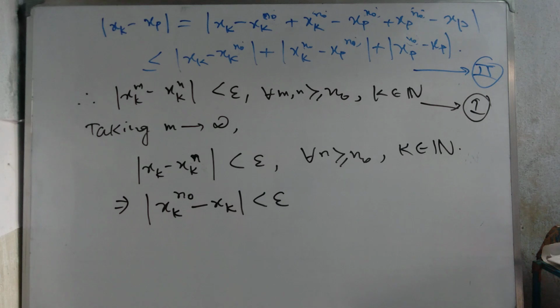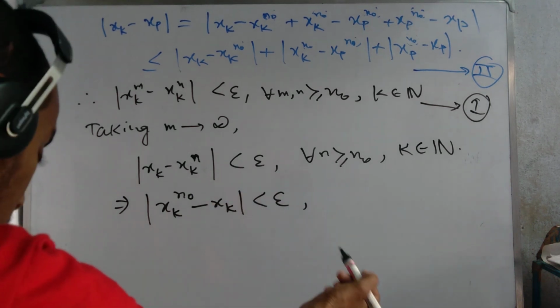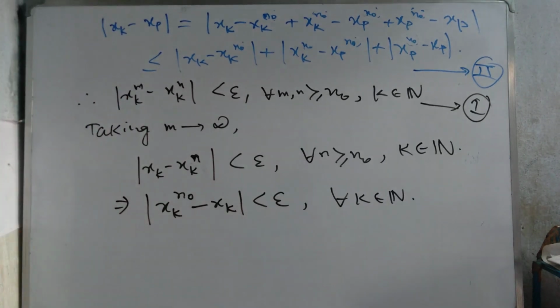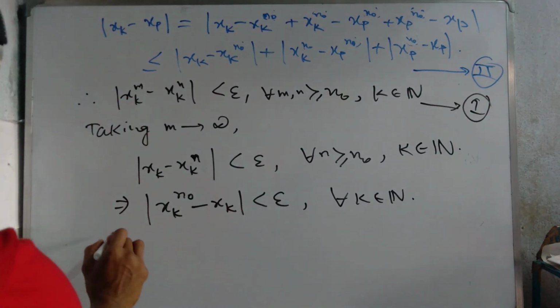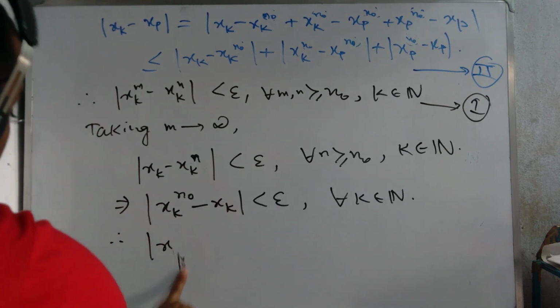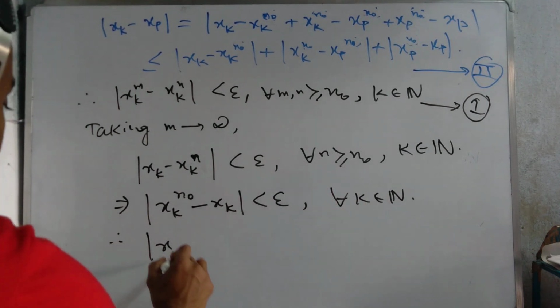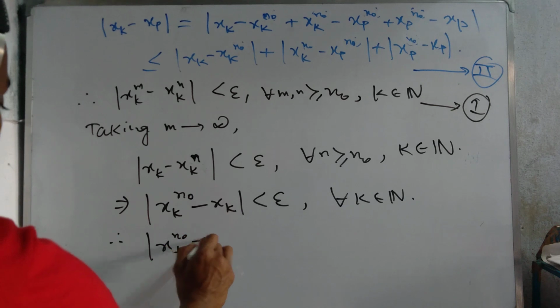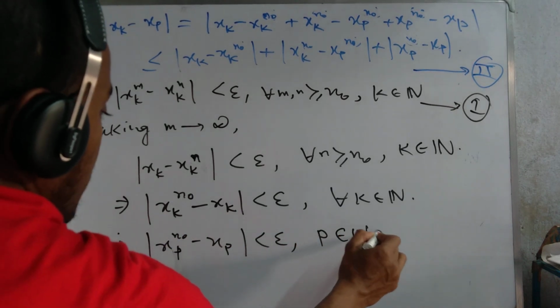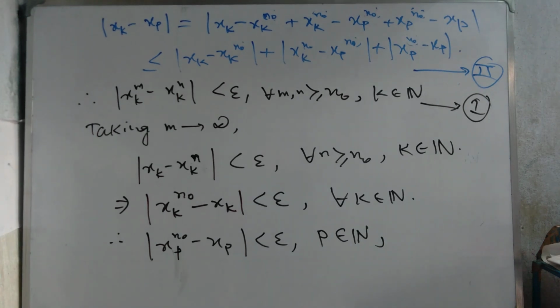So here, for all k belongs to the natural numbers. Then we write, k being any natural number, |x_p^(n0) minus x_p| less than epsilon, where p belongs to the natural numbers. Not a problem at all.